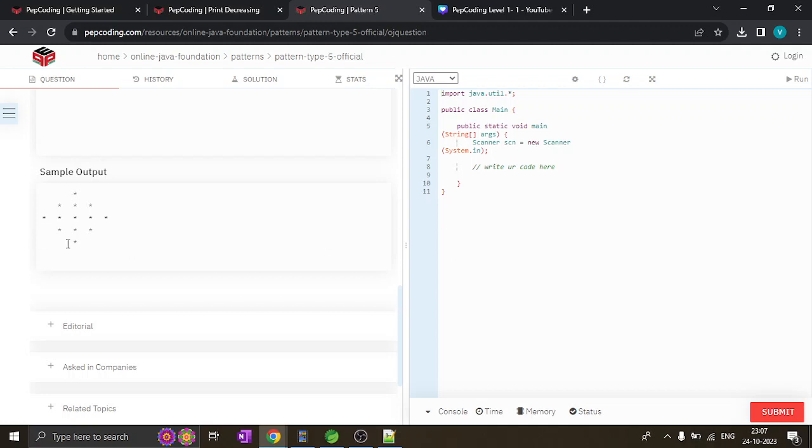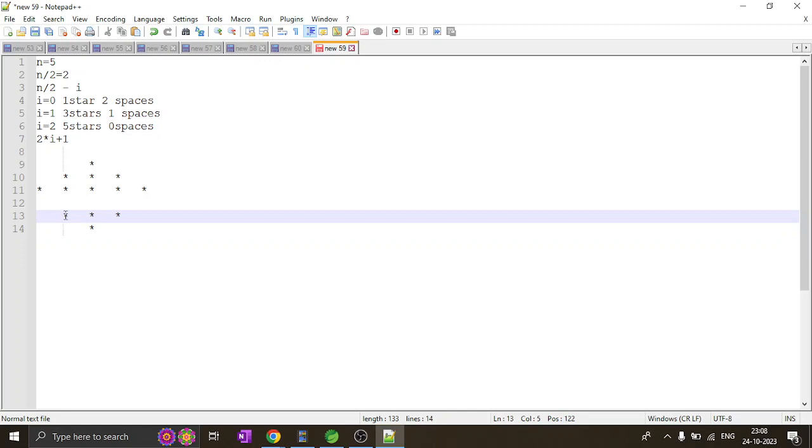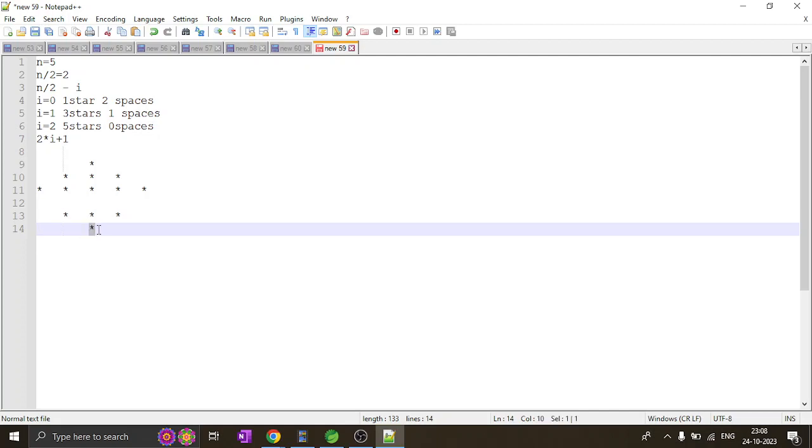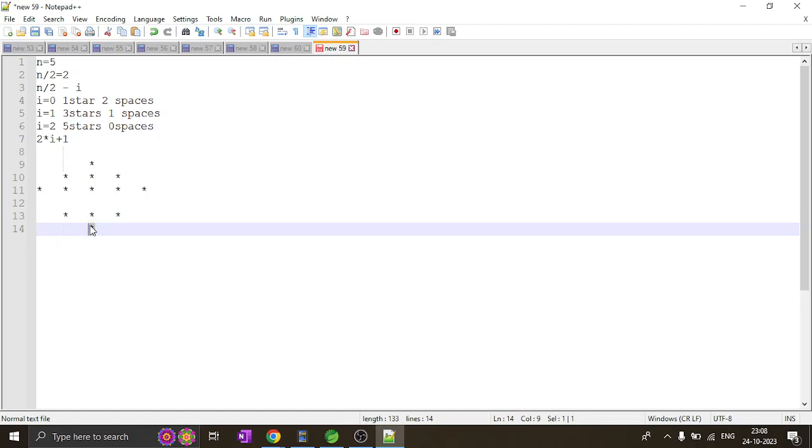So the second part that we want is, when I is equals to 0, we want 3 stars, and when I is equals to 1, we want 1.